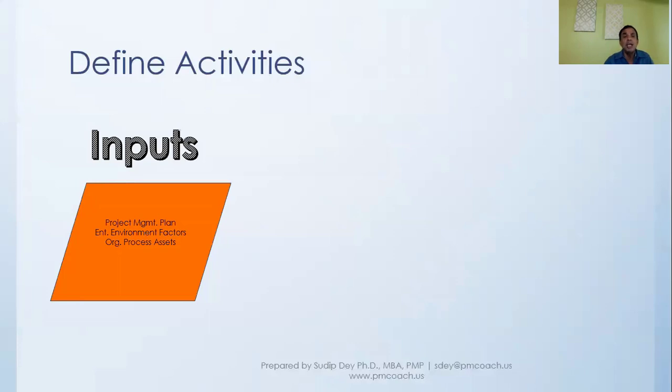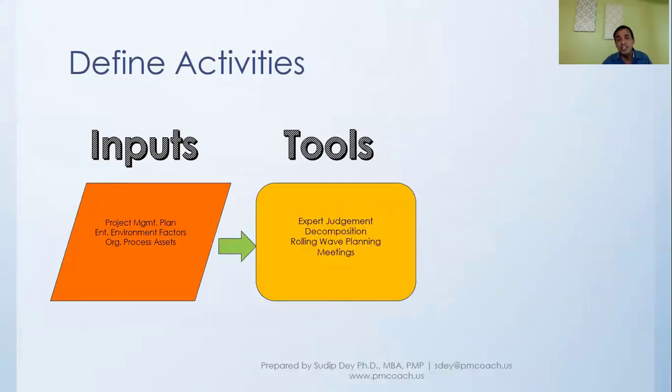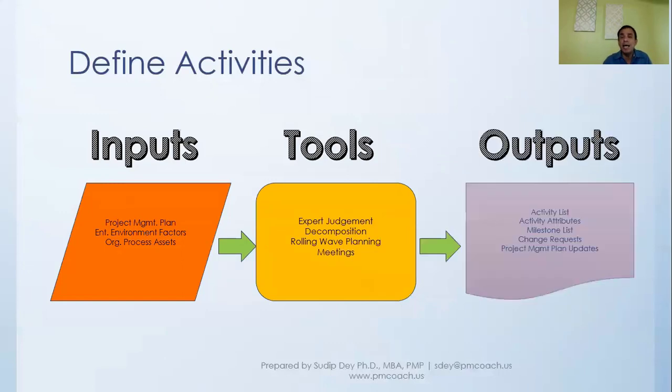And then we take certain tools. The most important tools that we'll use are decomposition and rolling wave planning. We'll talk about them. And finally, when we have gone through this process, define activities, the output that we'll get is the activity list, which is the list of all the activities, and activity attributes.